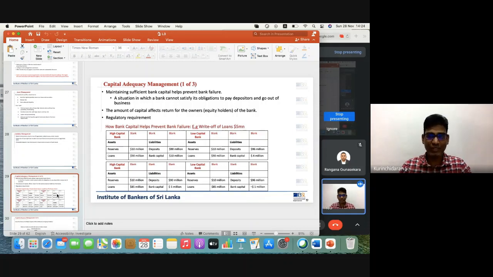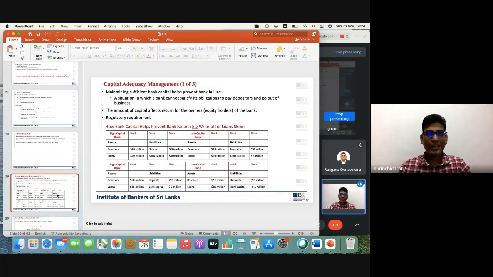That's a reputation risk you will always be carrying, right? Why do we need capital? We have discussed this earlier, to absorb losses, right? So you need to have capital to absorb losses, so you can maintain a stable bank.